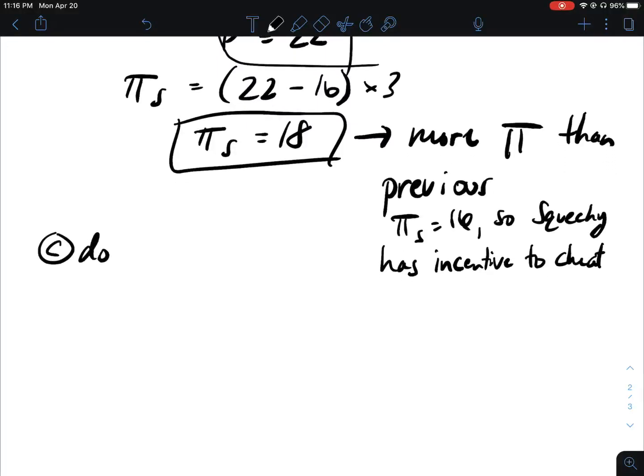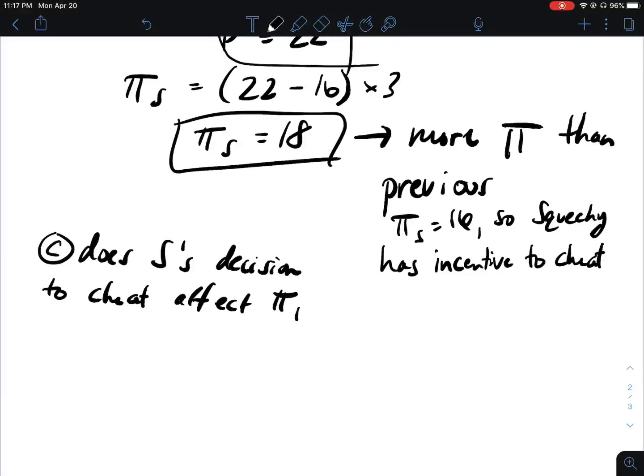And the question asks, does Squeaky Clean's decision to cheat affect Biobase's profit? So we have our market quantity, we have our market price. Now we need to plug in those new values into BioBase's profit function.